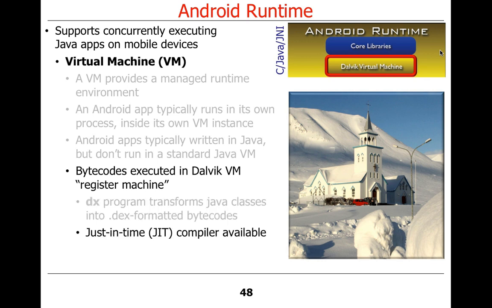And in classic Dalvik, there was something called a just-in-time compiler. And what a just-in-time compiler does is it takes a look at the bytecodes that are being interpreted, and it looks for patterns that are occurring frequently, and then it compiles those patterns, and then it executes that code. So it's kind of a hybrid model between a purely interpreted virtual machine versus one that's running things at native speed.